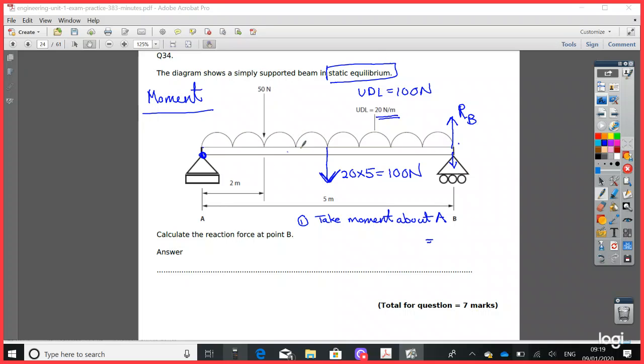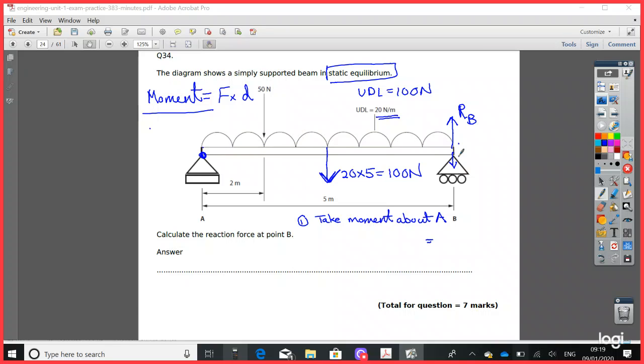Whereas for the others, the only moment that we need to work out is the clockwise version. Okay, so remember, moment is given by, and it is useful if you write this down, the force times distance.